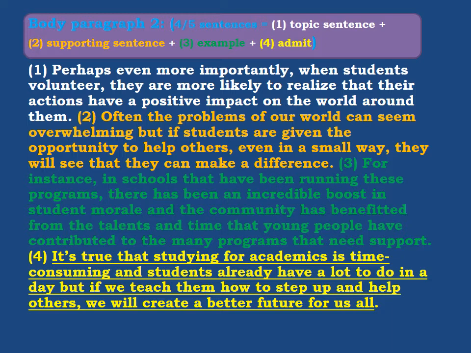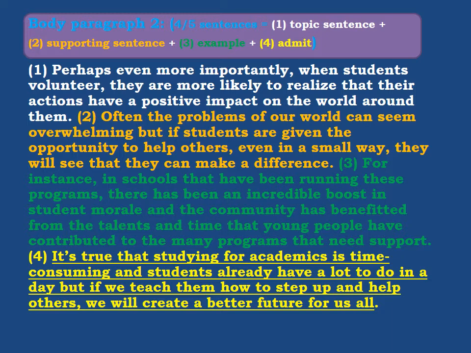Sentence 1, which is the topic: perhaps even more importantly, when students volunteer. See, first of all, the phrase you start the paragraph with, perhaps even more importantly. This is a phrase you can use. When students volunteer, they are more likely to realize that their actions have a positive impact on the world around them.